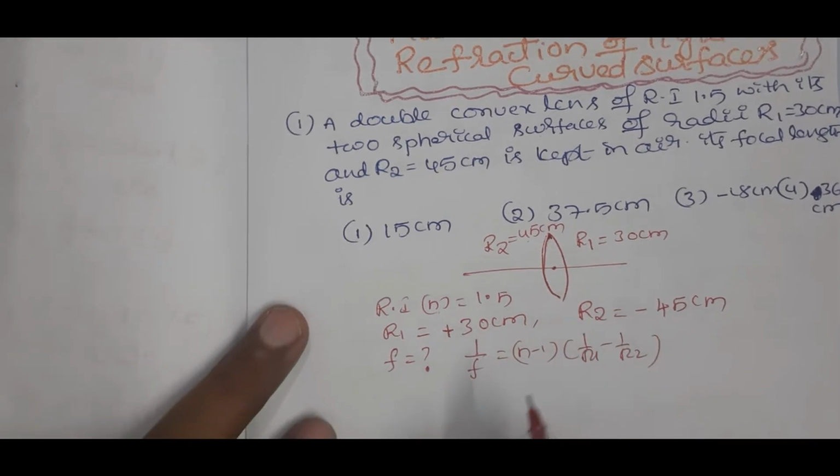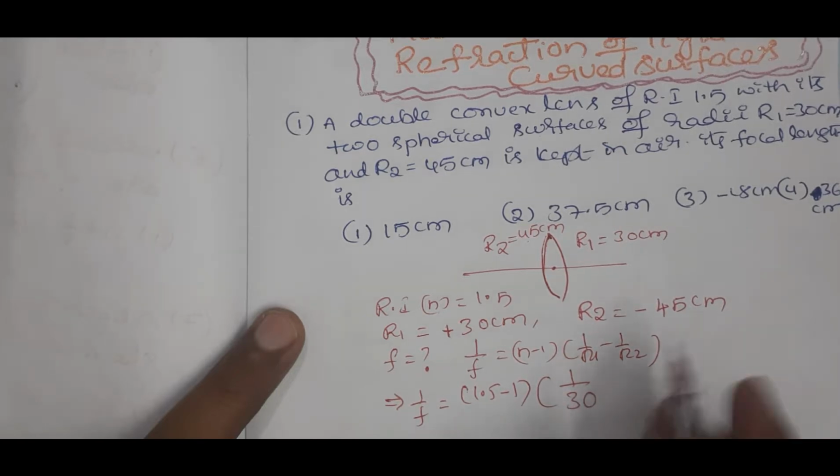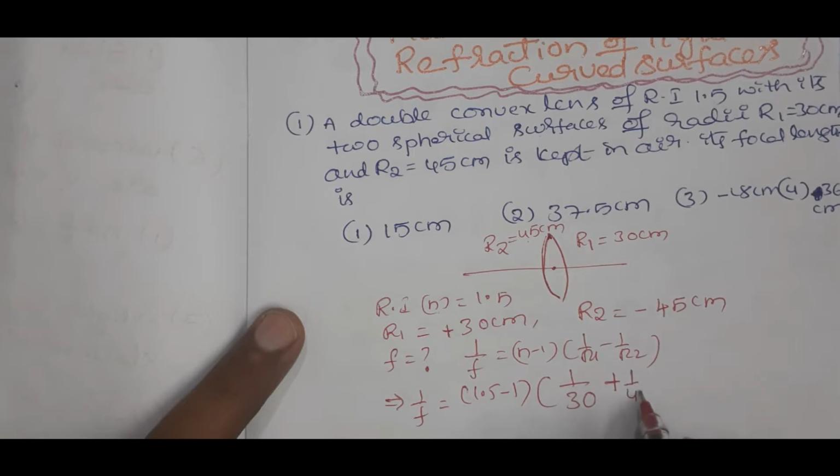So 1 by f is equal to 1.5 minus 1, times 1 by 30 minus minus 45. This minus and this minus become plus 1 by 45, students.